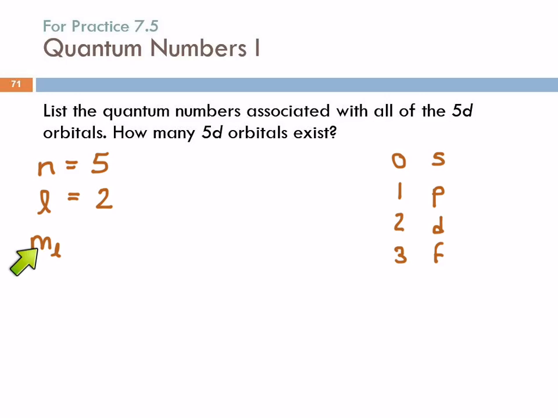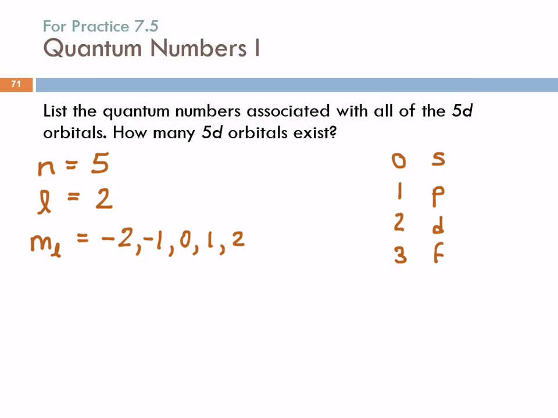What are the possible values of M sub L? -2, -1, 0, 1, 2. Yep. From minus L, which is minus 2, we have minus 1, we have 0, and then all the way up to plus 2. There are other values of L available for n equals 5, but we're talking about the 5D.